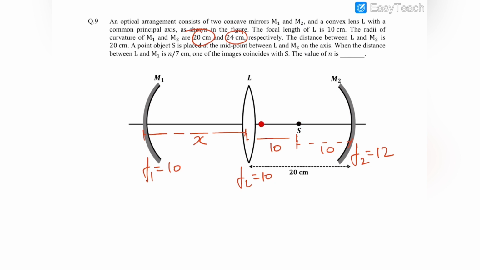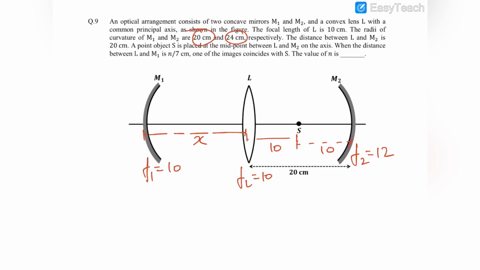Now let us see what happens when the second image can coincide with S, as the rays after getting reflected from M2 will pass through this lens, and after getting reflected again from M1 will again pass through this lens and will be traced back to S. So this will be a case, but we are taking a simple one in which we are coinciding the first image of M1 at this point.